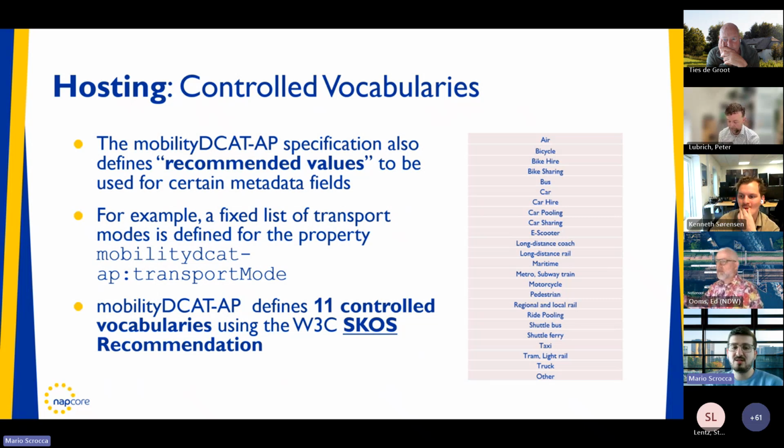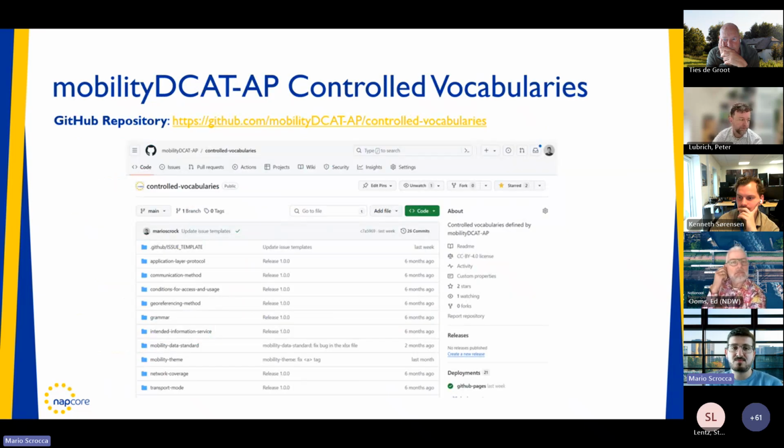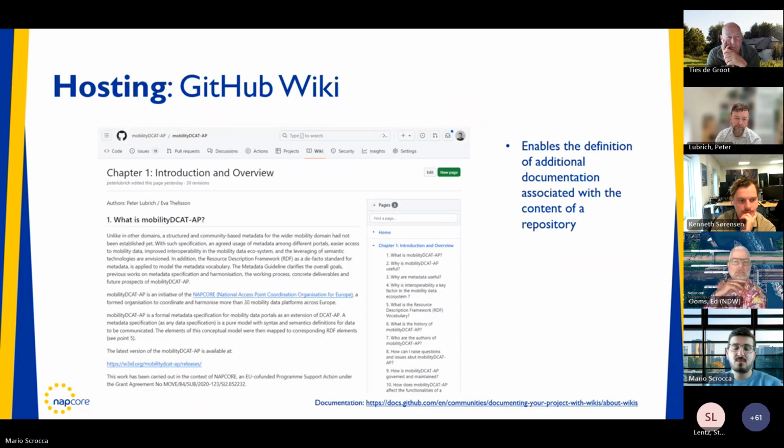In total, we define 11 controlled vocabularies, and these controlled vocabularies are defined using the SKOS recommendation. All these vocabularies are also made available in a separate repository, and you can find the link here. And within this repository, you find all the artifacts associated with the 11 controlled vocabularies.